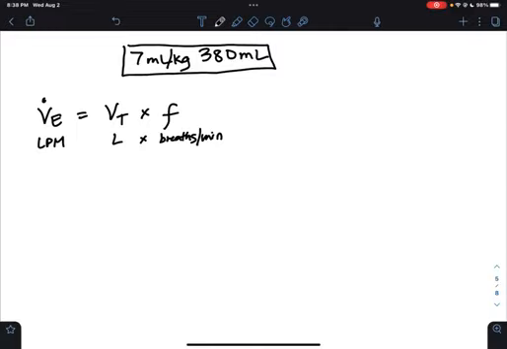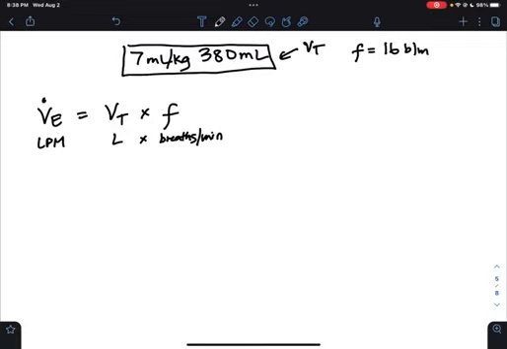So let's use our 7 milliliters per kilo example up here. Let's say we use that for our tidal volume, and our frequency is 16 breaths per minute. We need to convert that 380 milliliters to liters.